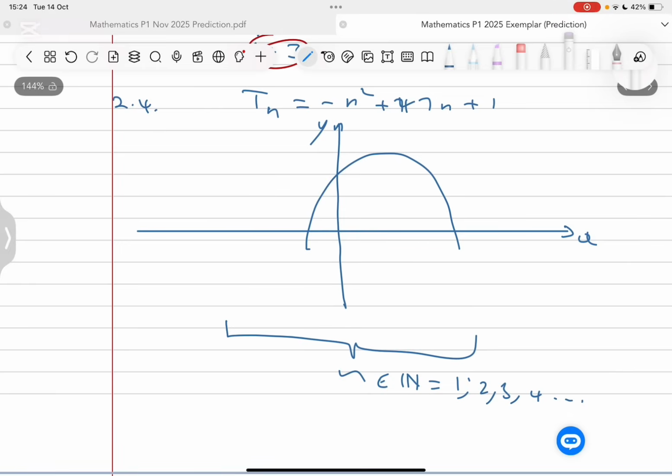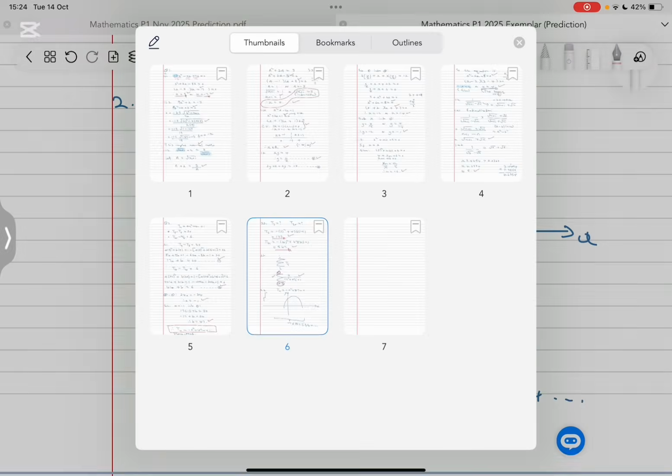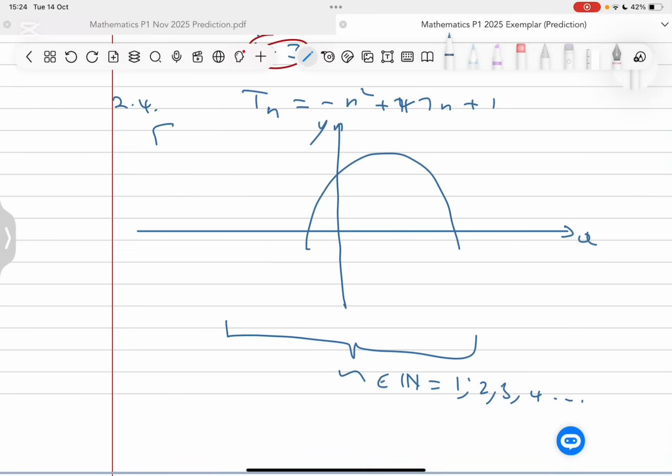The other thing is that, for example, if I look at term 1, the number I get here would be T1. In other words, whatever number I get for term 1, it will come out as the first term here. So my y values actually represent the terms, Tn.